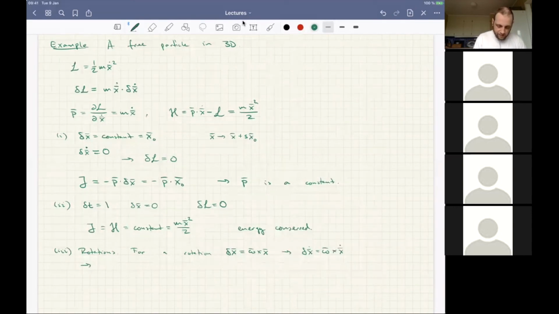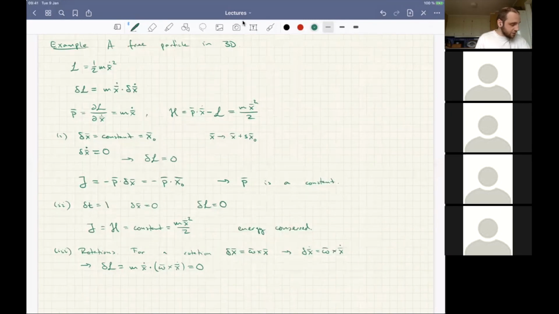That means that delta L is m x dot inner product with omega cross X dot, which is 0 because X dot is orthogonal to any cross product including itself. So x dot and the cross product including x dot are orthogonal, so this is equal to 0, which means that rotations are a symmetry.